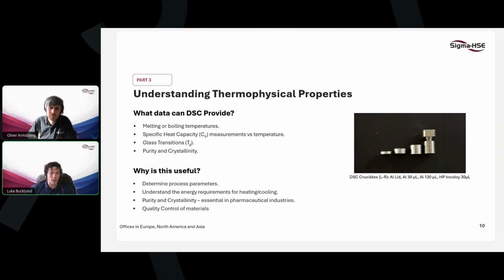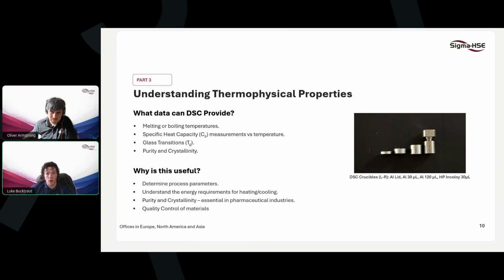Understanding the enthalpy and onset temperatures of these events can be essential for just the handling of your material, but it can also help you to optimize and determine your process parameters. I think this can be especially important when your process has reflux steps or distillation steps. Having accurate data is really important.